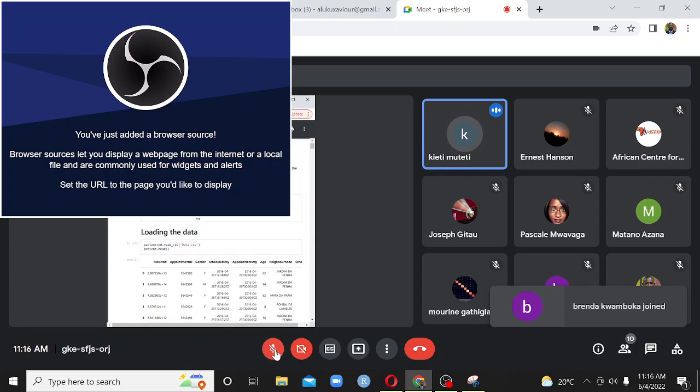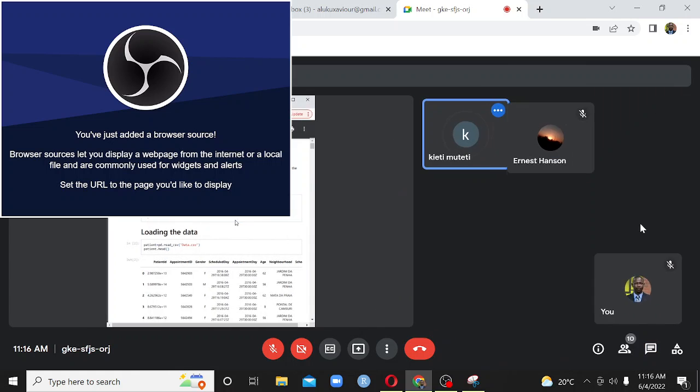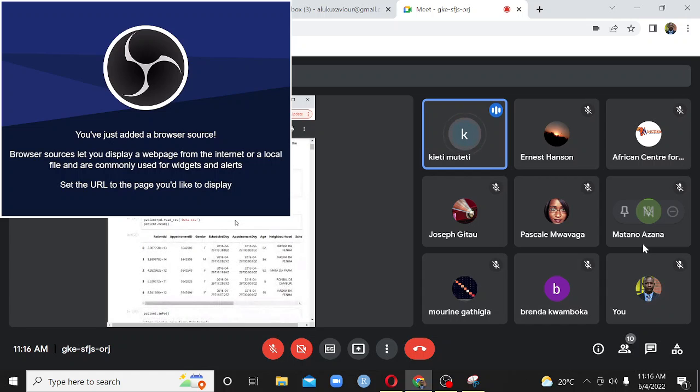On the Python part, I first checked the overview of the data set. After that, I imported the necessary libraries, which are numpy, pandas, matplotlib, and seaborn. After that, I loaded the data and checked the head, which gave me the first five rows.